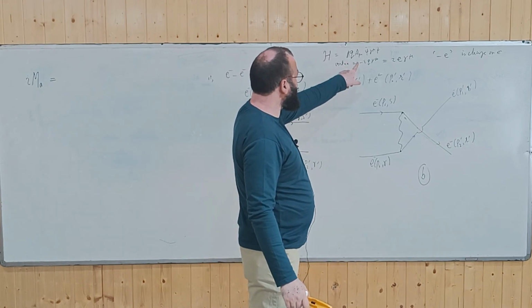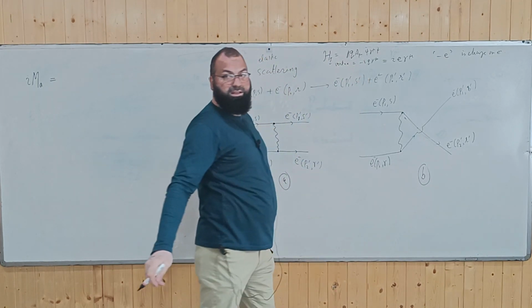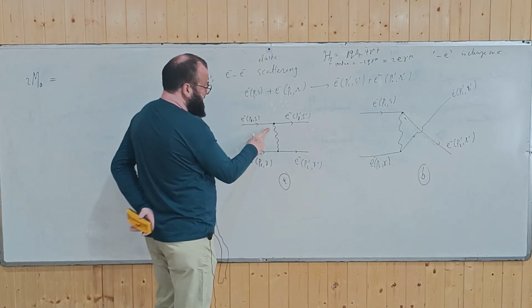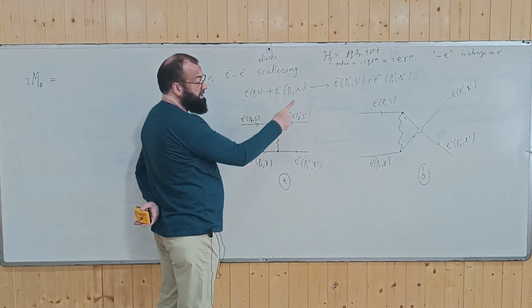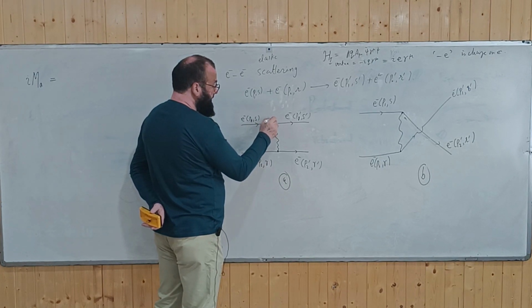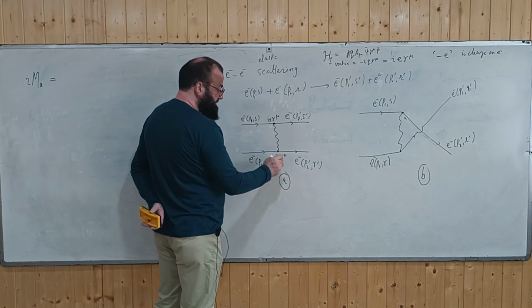From the Hamiltonian, I have to get the interaction Hamiltonian. So it is minus I. What is this factor? It is I E gamma mu. So let's specify here I E gamma mu.